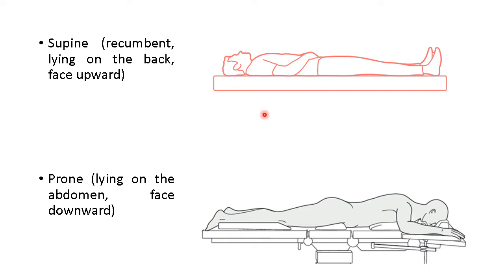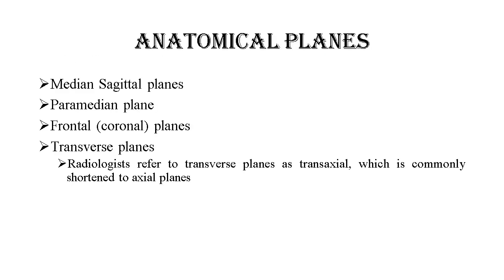You usually dissect the cadaver in the supine position, and if we have to dissect the cadaver on the posterior aspect or the back side, we keep the cadaver on his belly or abdomen, and that position is known as the prone position.